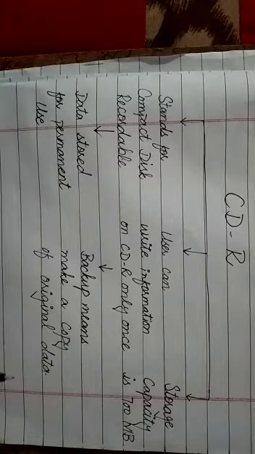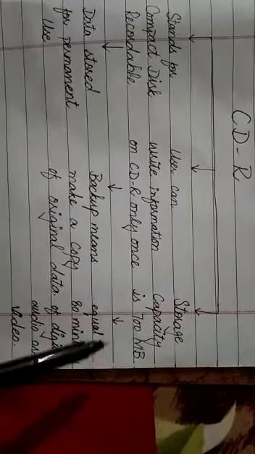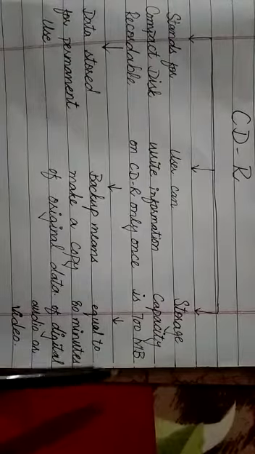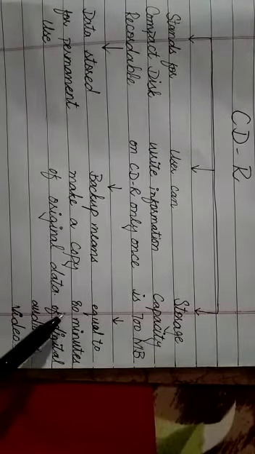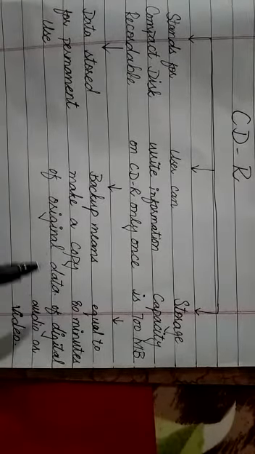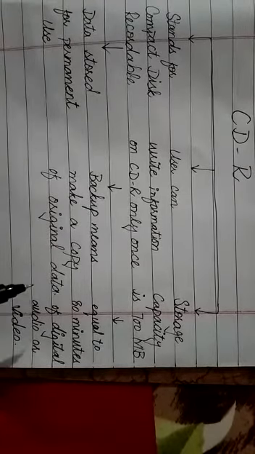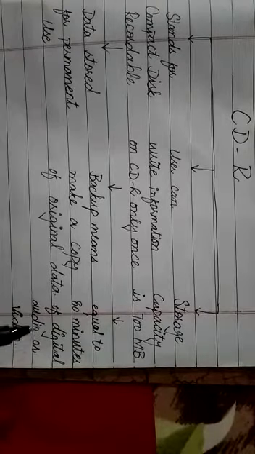If the original data is lost, you can use the copy later. The storage capacity of CDR is 700 MB, which is equal to 80 minutes of digital audio or video. CDR can be used on almost any CDR-ROM drive, CDR-ROM audio player, and CDR video player.